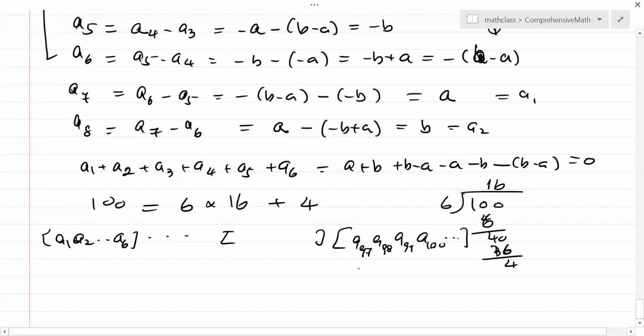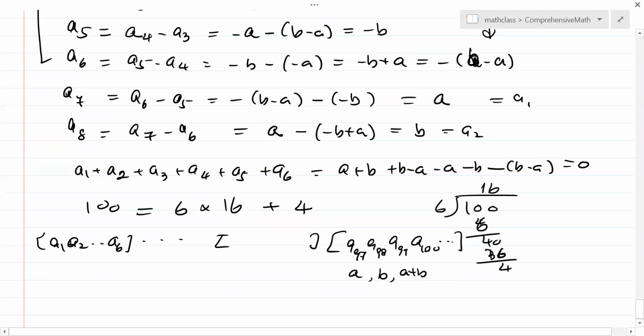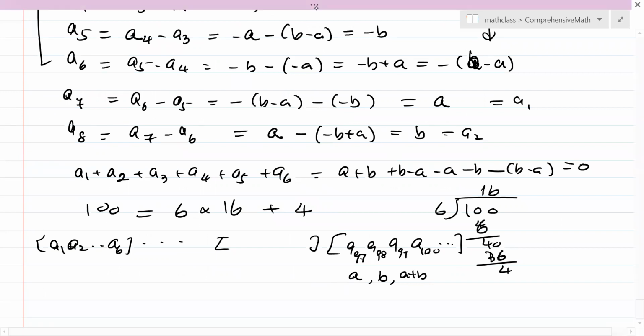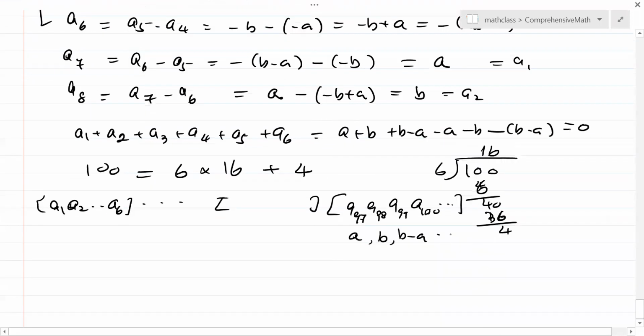So the first number is A, the second number is B, the third number is B minus A, and the fourth one is negative A. So the sum is only going to be the sum of those, because the rest is 0 plus 0, all those 16 groups.